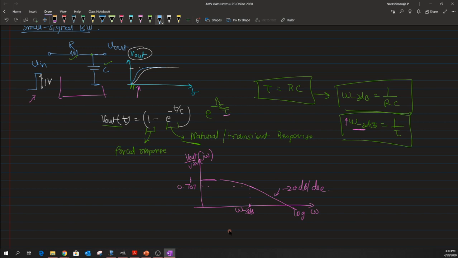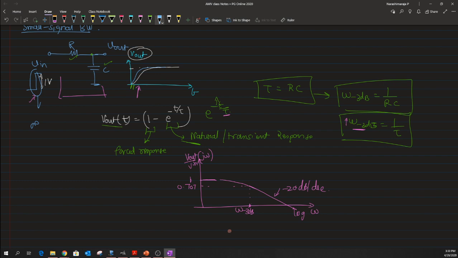In short, the step response has infinite frequencies in it. And if we could allow all the frequencies contained in this Vin to the Vout, then obviously we will get an output which also looks similar to a step response.